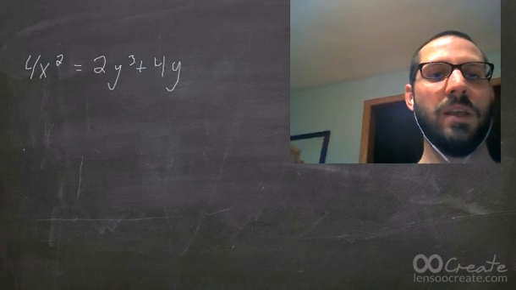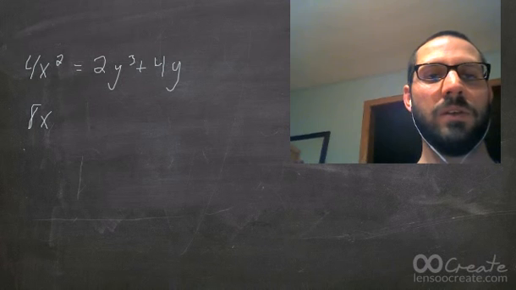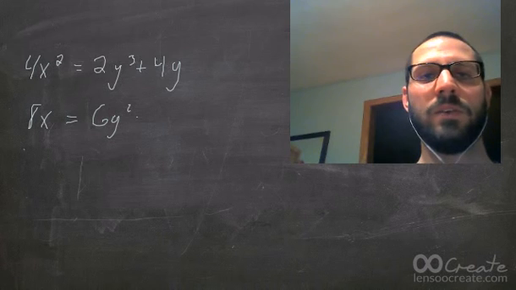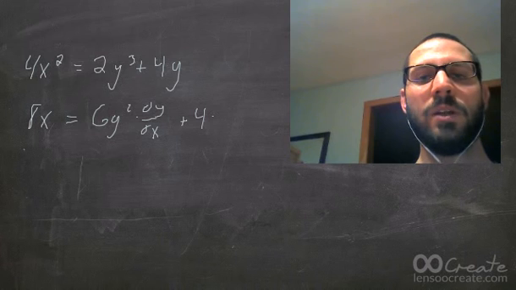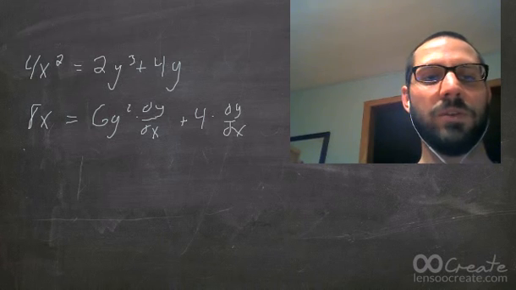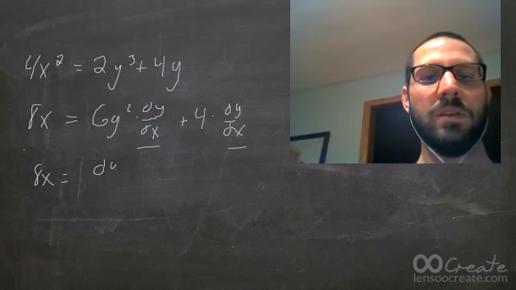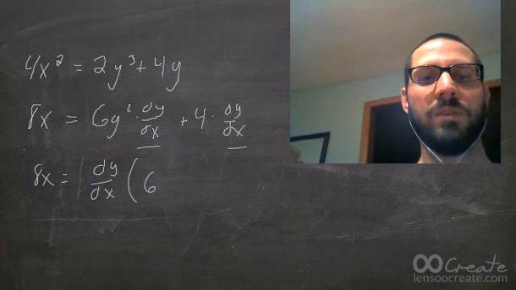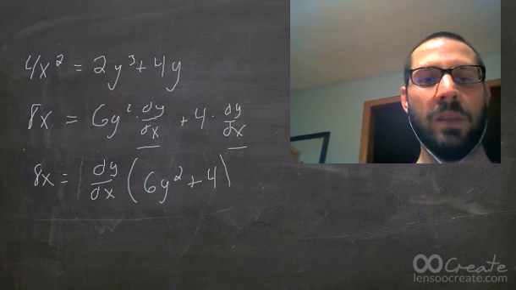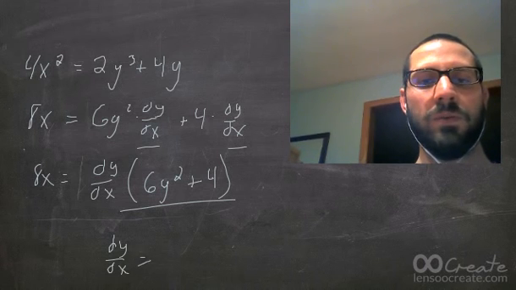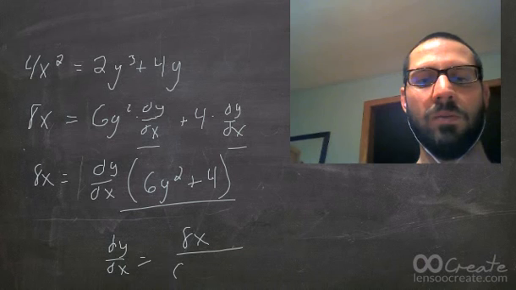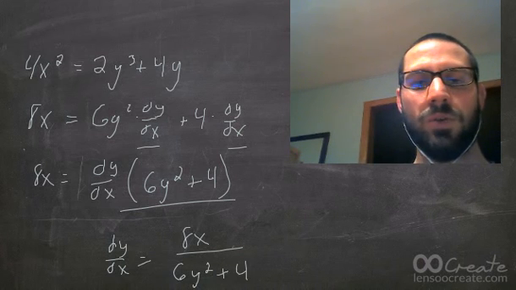And number 4, 4x squared, derivative, 8x. 2y cubed, 6y squared dy/dx, plus 4 times dy/dx. Our dy/dx's are all on one side, so I'm going to factor those out. 8x equals dy/dx times 6y squared plus 4, and divide. dy/dx equals 8x over 6y squared plus 4.